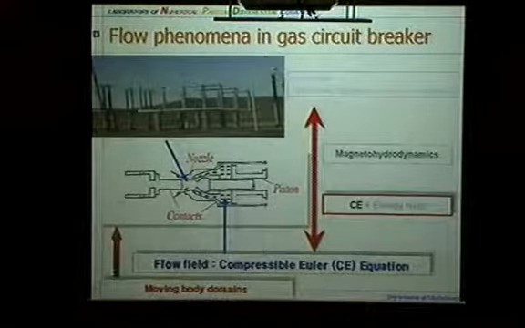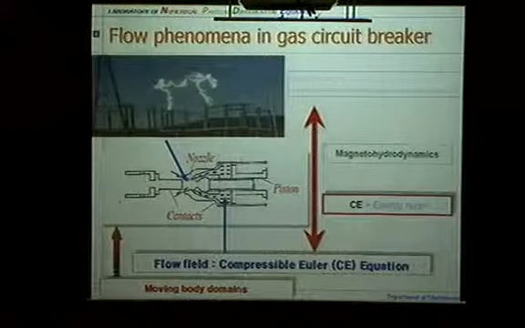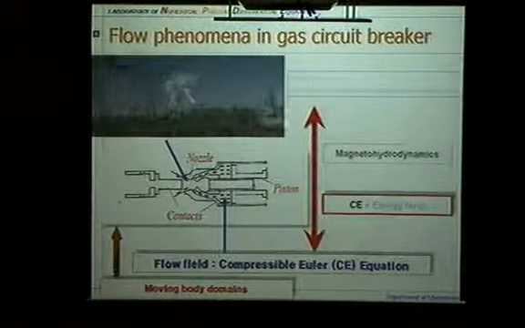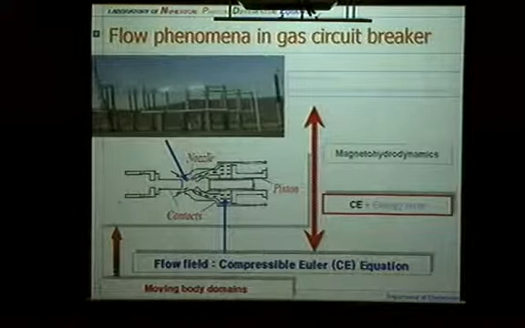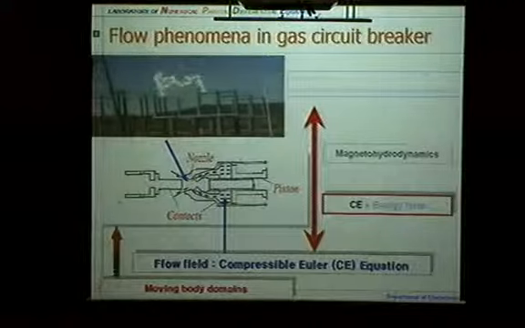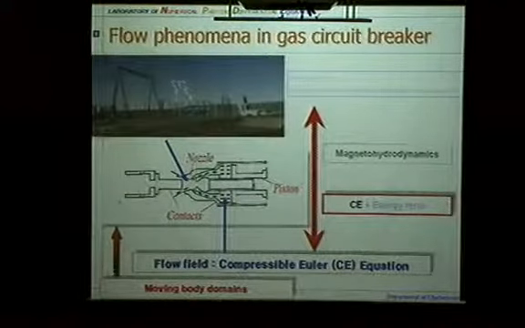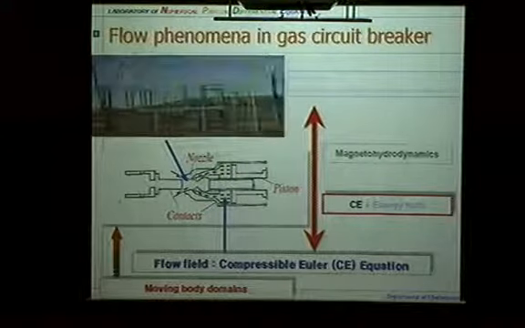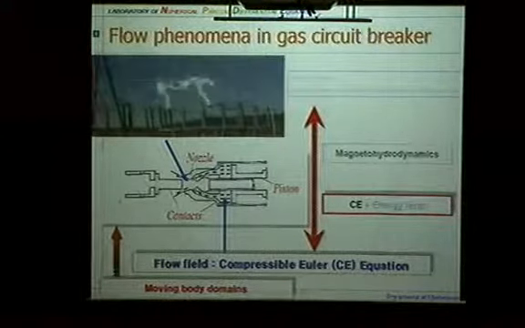So let me go to the more physics, okay? So these energy terms are ohmic heat because the electrons are flowing. They collide with some air particles, and there appear some ohmic heatings because this colliding means there appears some resistance.